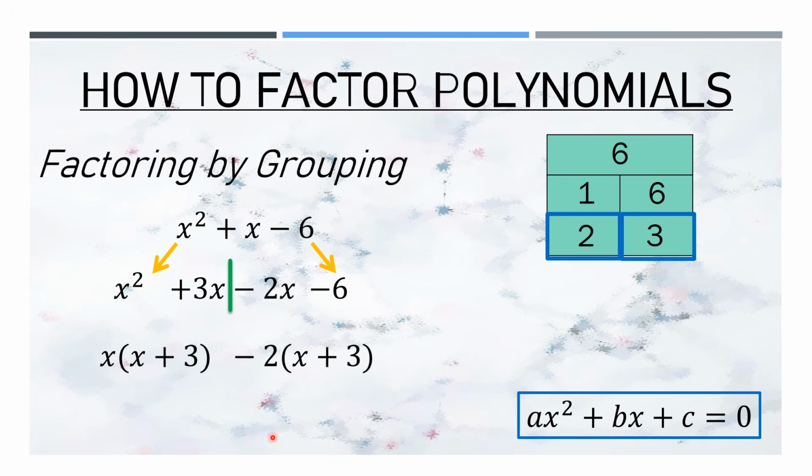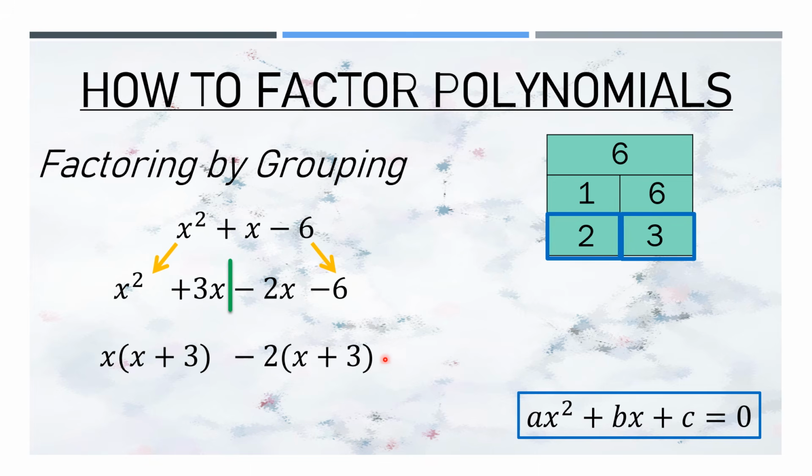Okay, so the factors are negative 2 times the quantity of x plus 3. Let us double check. Negative 2 times x is negative 2x. Negative 2 times positive 3 is negative 6. So, nahanap na natin ang factors ng hinati nating terms.